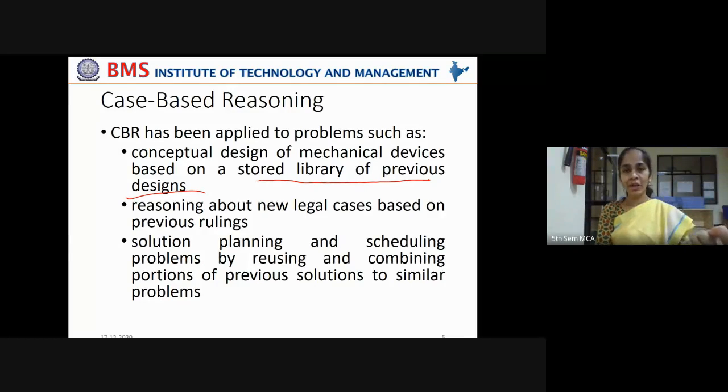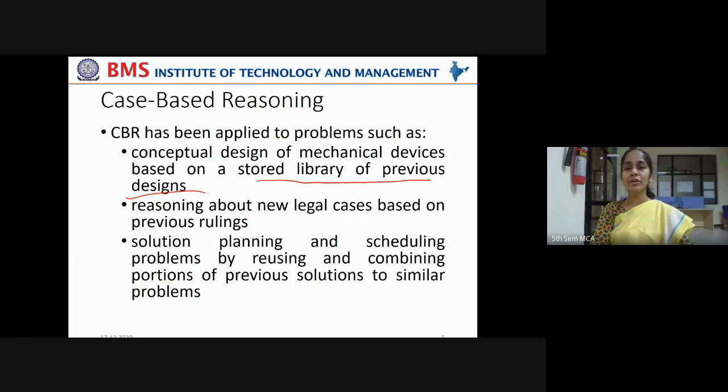Whenever a touch happens, highlighting of that text has to happen. That functionality might have been already implemented in their organization, and that design is already available in the stored library. Now that design can be taken out and refined in order to make this pen better.